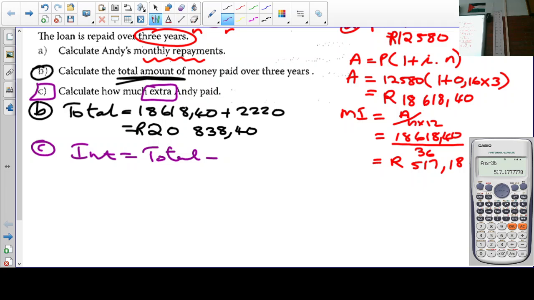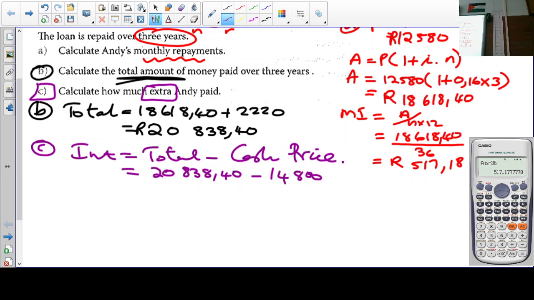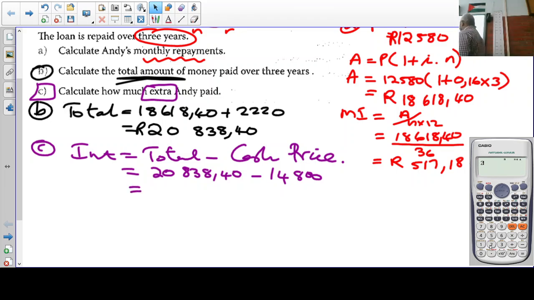The 14,800, your cash price. In other words, it's going to be 20,838 rand and 40 cents minus the cash price of 14,800. Put this in the calculator. 20,838 rand and 40 cents minus 14,800 gives us 6,038 rand and 40 cents.